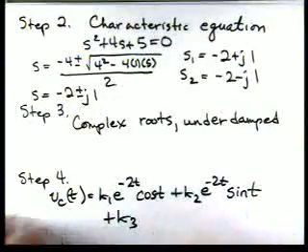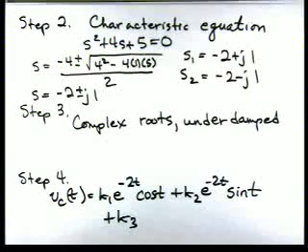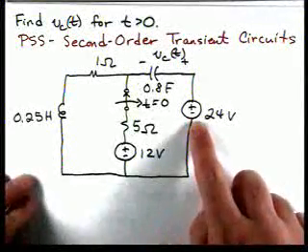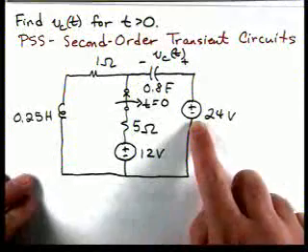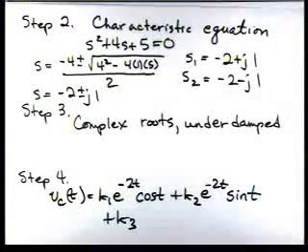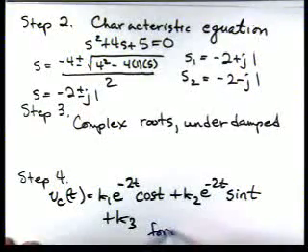You say, well, wait a minute, where did that K3 come from? Well, if we look at our circuit, when this switch is open, we're still going to have a source left in here, and that would give us our forced response. So our K3 in our equation here, this is our forced response.